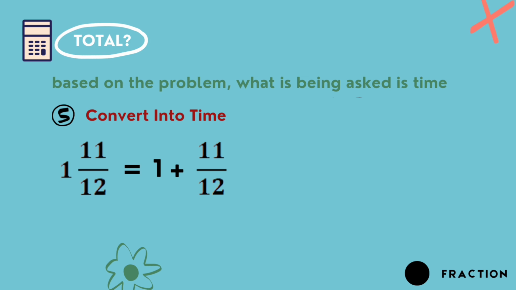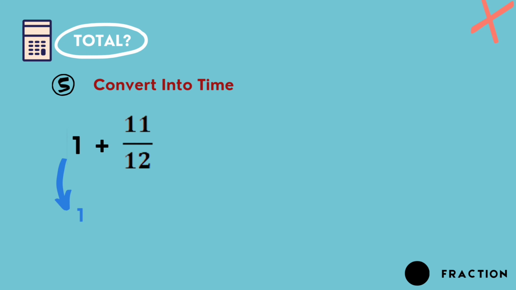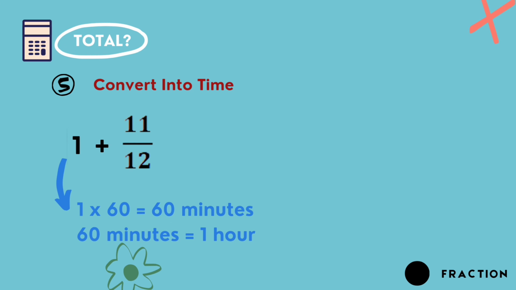Based on the problem, what is being asked is time. Then we can convert the mixed fraction into time. To convert a mixed fraction into time, 1 and 11 over 12 is the same as 1 plus 11 over 12. So all we need to do is convert this portion of the mixed fraction into time. We will change it into hours.